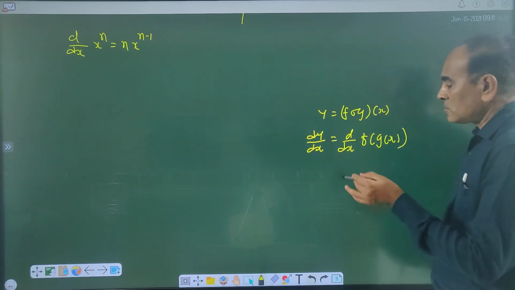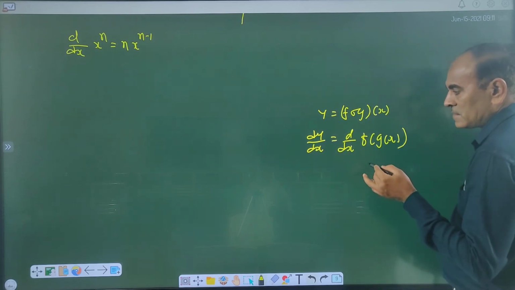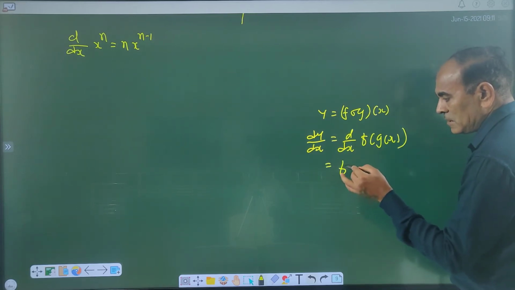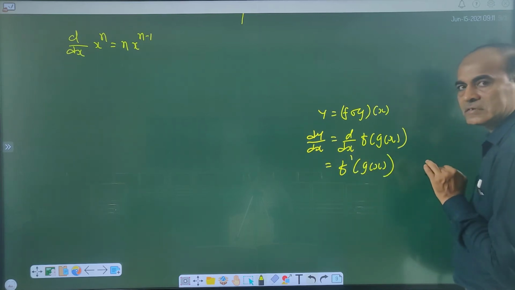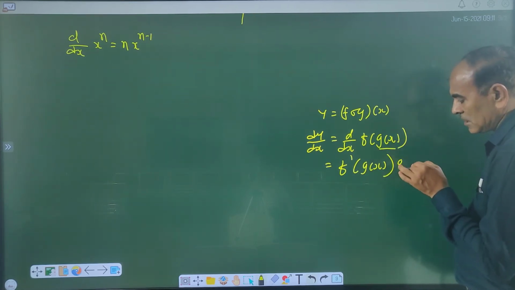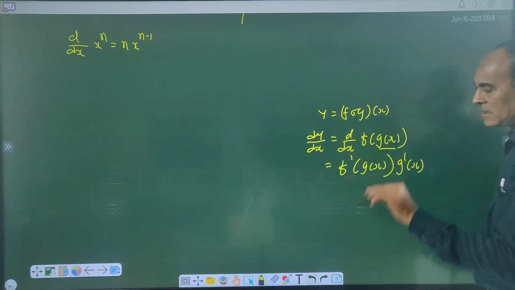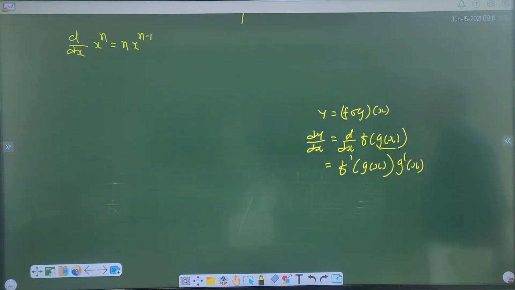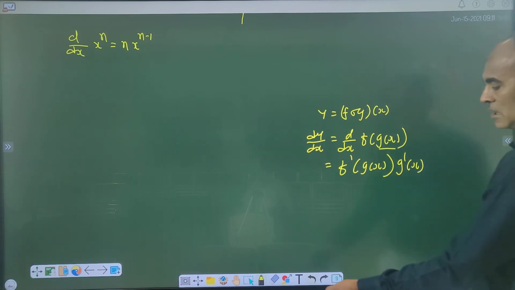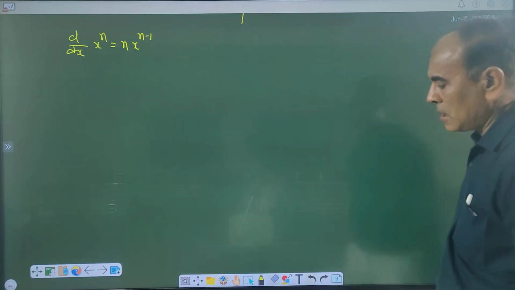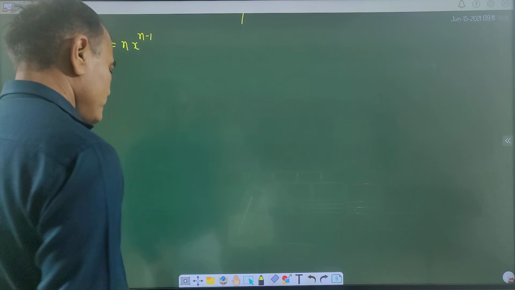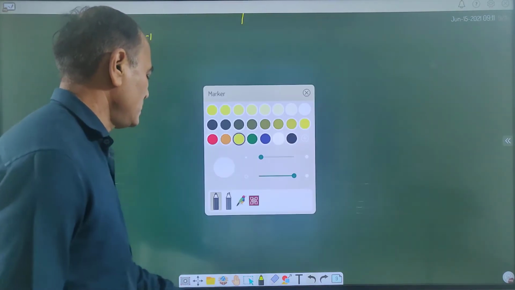The rule says that first of all, the derivative of the first function, the second one as it is, into the derivative of the second, g of x. So this is the derivative of a composite function. So we have to remember all these standard forms in a composite form. So how to write it? Composite form of all forms here.